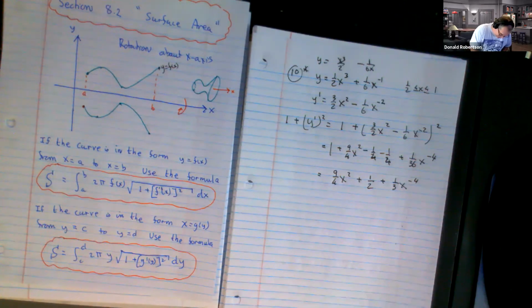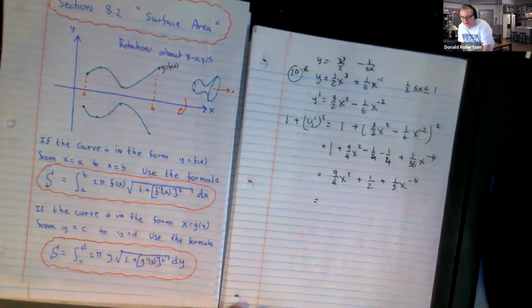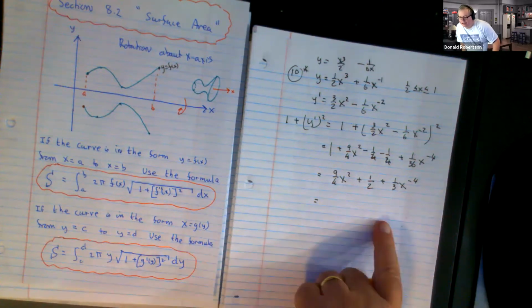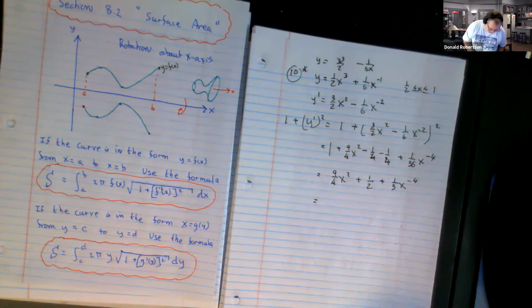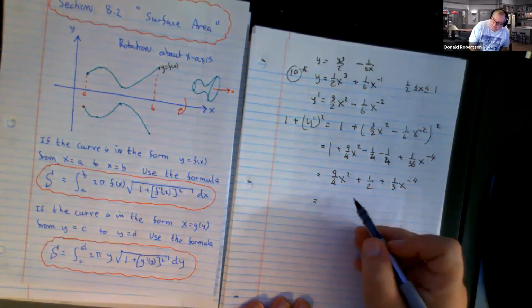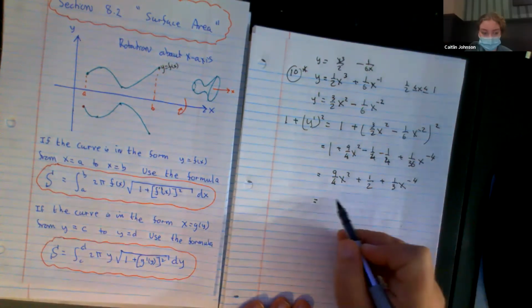Now, from arc length questions, when you see 3 guys and they look sort of like this, what should you be thinking is happening? Algebraically, what should you get out of this situation? A perfect square. You should.